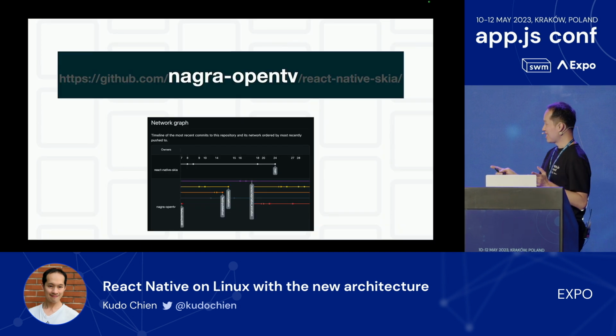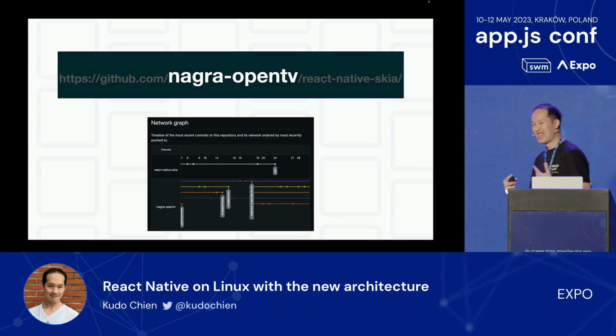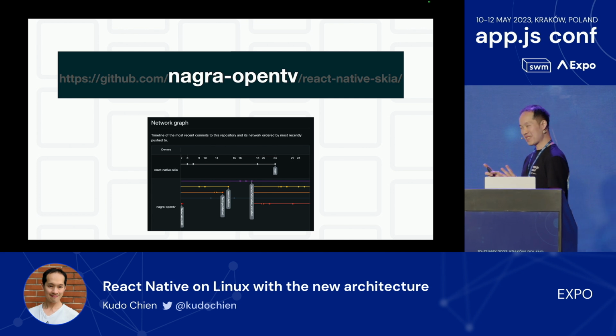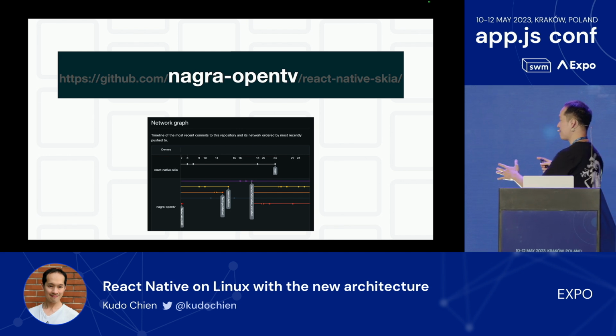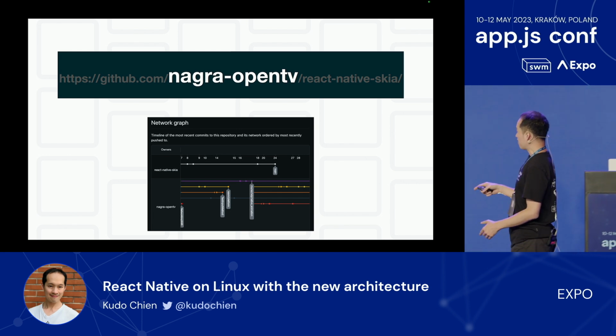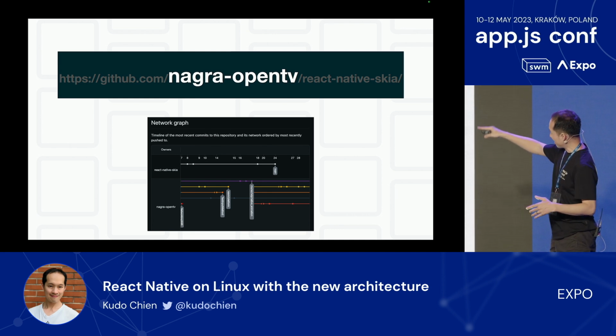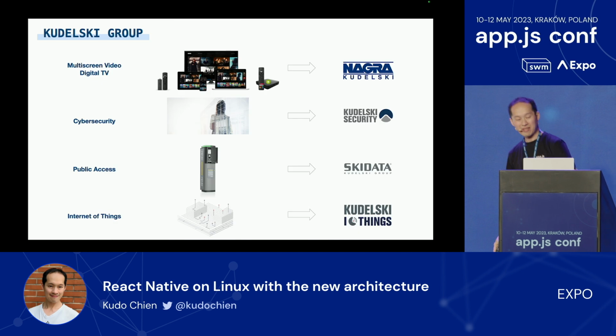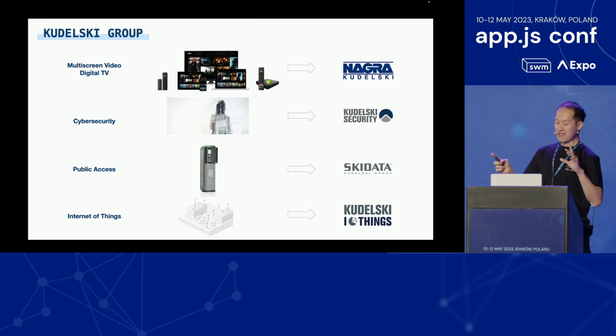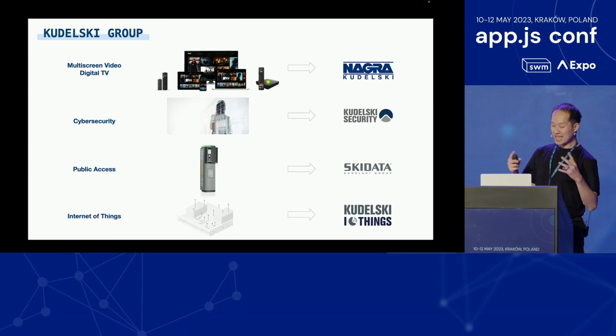All this work is not done by myself. Actually, I did not do much during these 3 years. There's one fork called Nagra OpenTV. You can see from this GitHub graph there are a lot of contributions from Nagra OpenTV. But what's that? It's actually a sub-company belonging to the Kudelski Group.